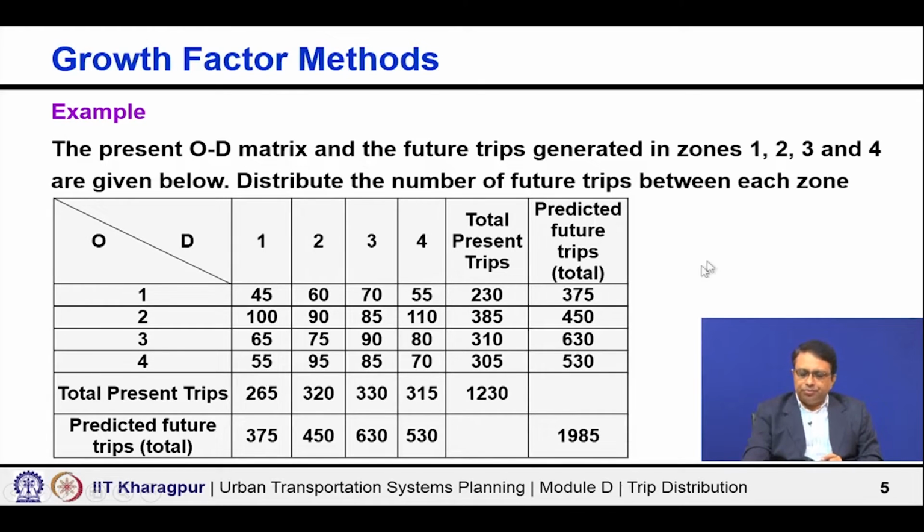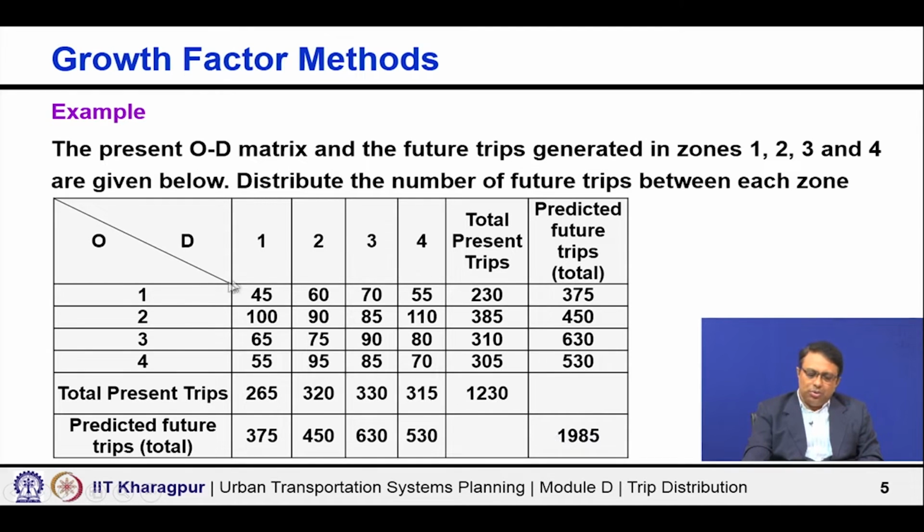And we know what our future productions and attractions of each zone will be, as they are given. These values are 375, 450, 630 and 530. In this example the target totals are given the same for rows and columns, which is quite possible, and we need 1985 trips to be distributed in the future.